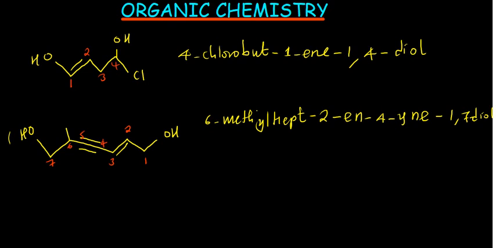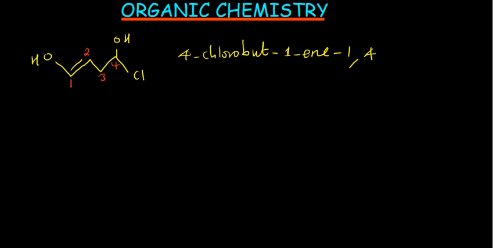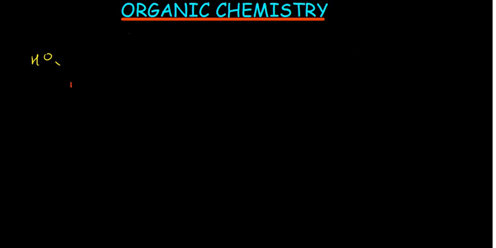So basically this is how we get to name alcohols. We can just consider maybe another example before we even get to look at aldehydes and also ketones. Okay, so let's consider this one.